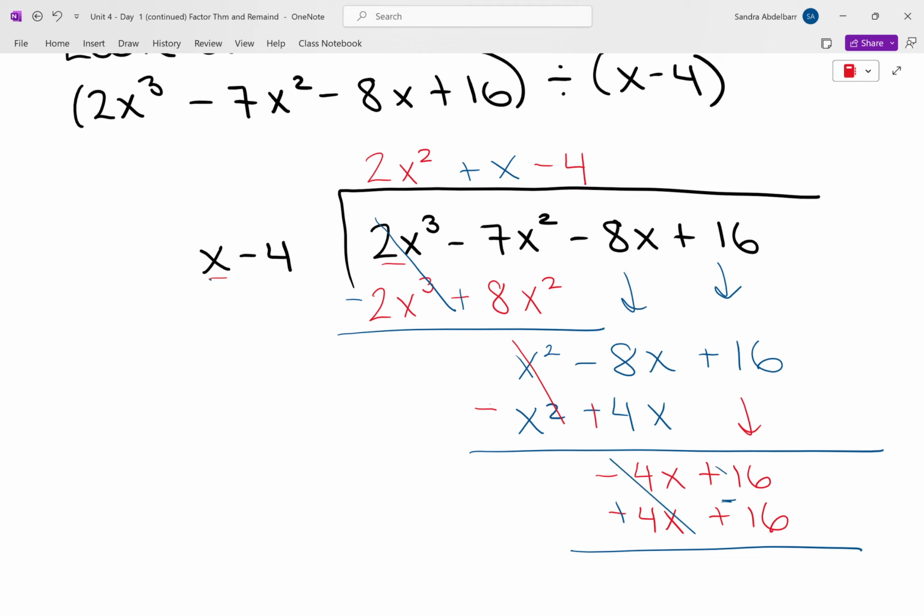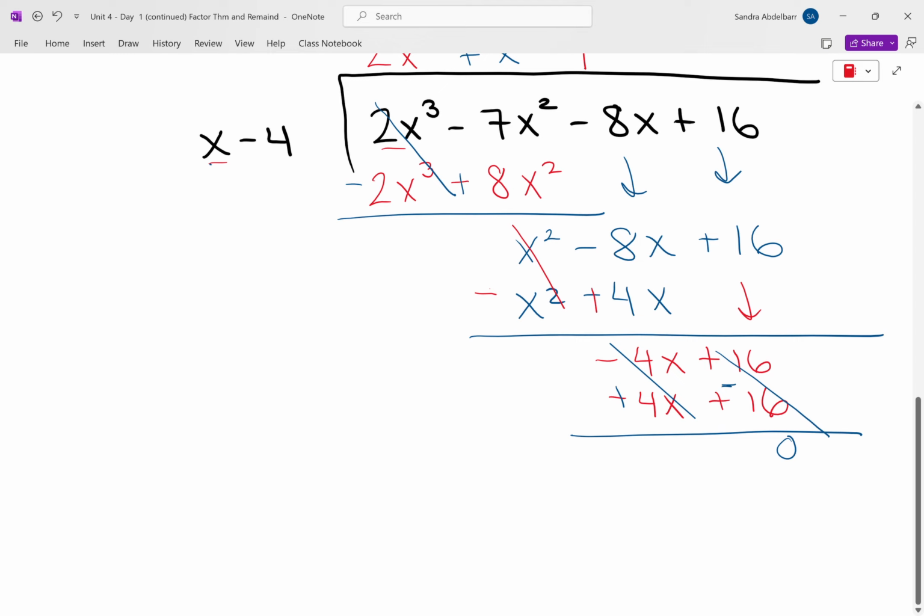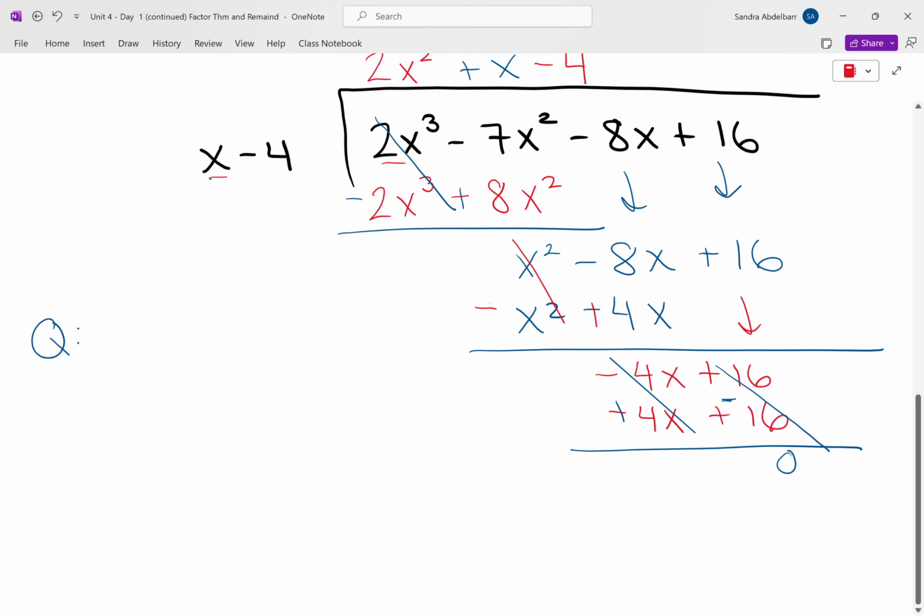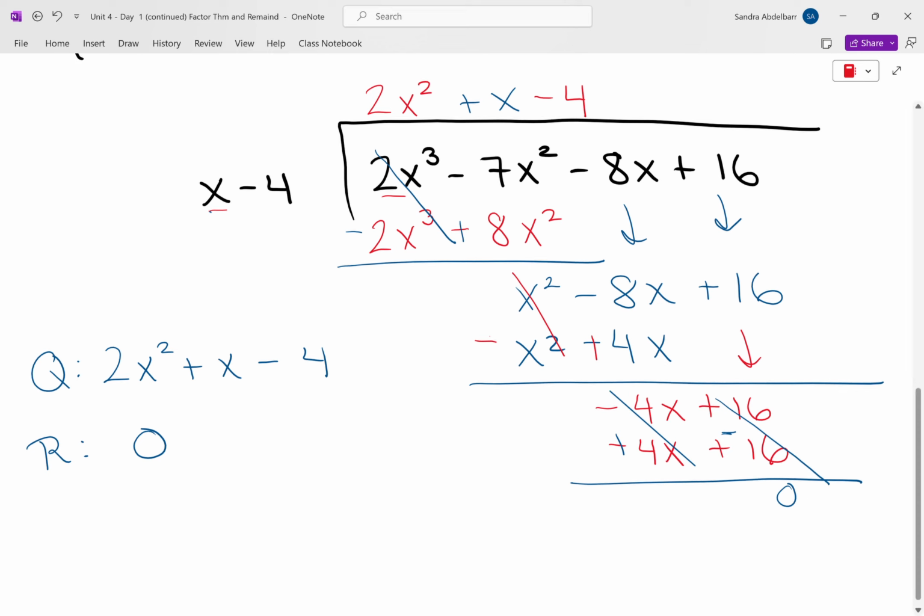So the 4x's cancel, the 16's cancel. Is there anything left to bring down? No. So what does this tell us? Our remainder is 0. So our quotient, our Q, is 2x squared plus x minus 4, and our remainder is 0. Now let's do the same problem using synthetic division.